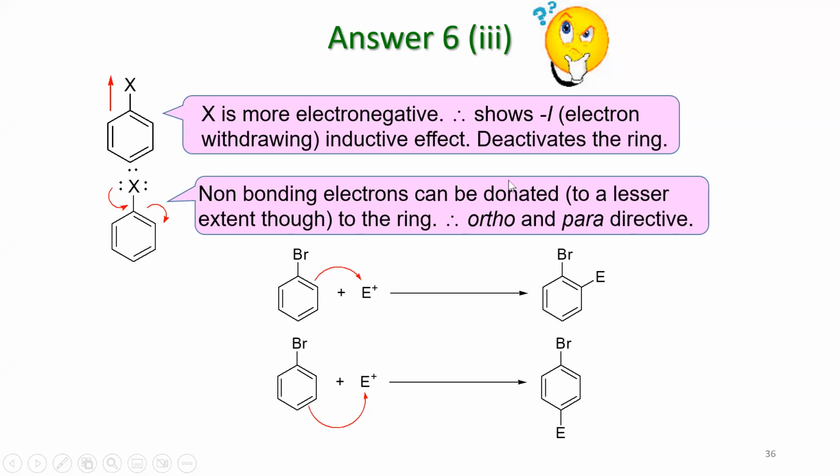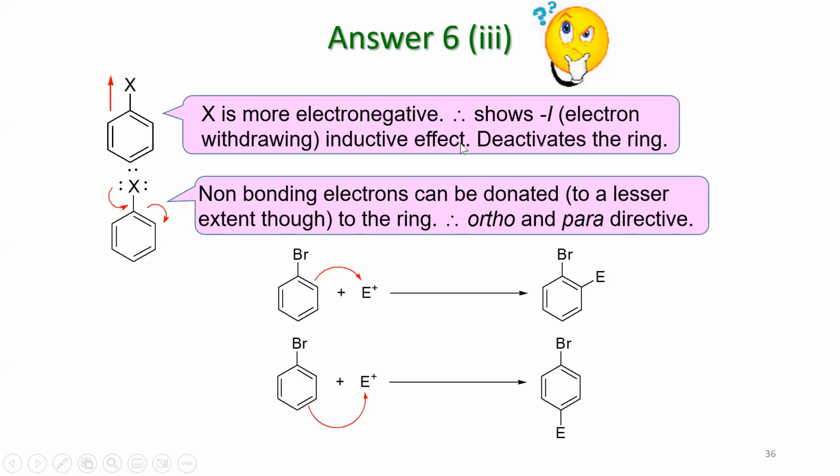So when you write the resonance structures for deactivation and activation, when you are considering the overall effect of the withdrawing and donating, non-bonding electrons can be donated to a lesser extent to the ring, right?